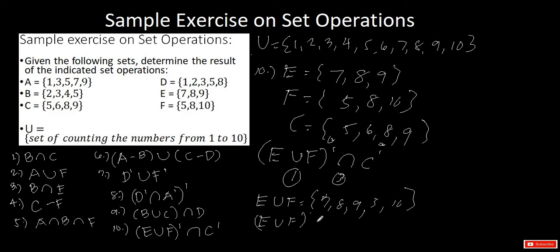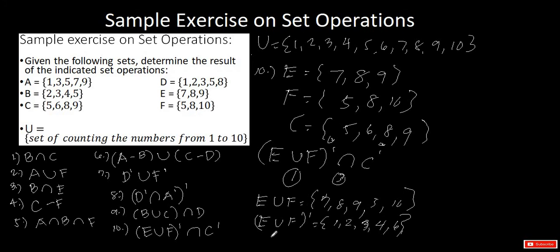Complement of the union of set E and set F. These are elements found in the universal set that are not found in this set, 7, 8, 9, 5, 10. So the elements therefore are 1, 2, 3, 4, 6.